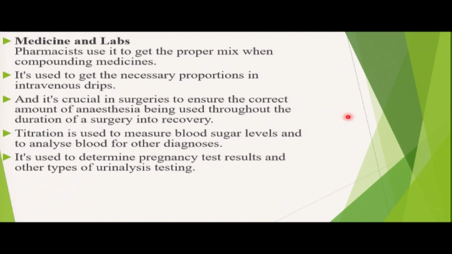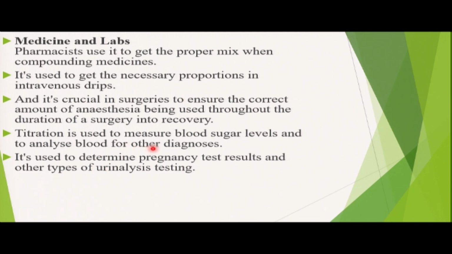It is crucial in surgeries to ensure correct amount of anesthesia being used throughout the duration of the surgery into the recovery. Anesthesia is used during the operation on a certain area. We normally call it in Kinyarwanda, ichinya. So you need to know that.